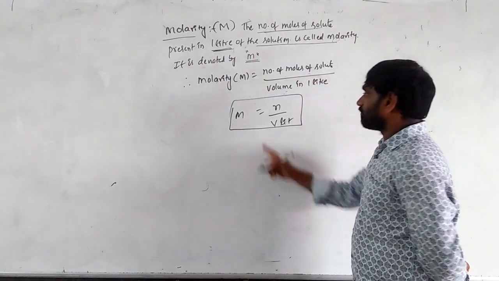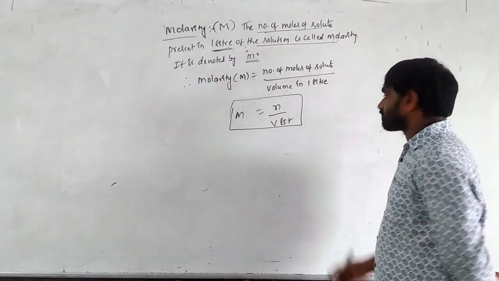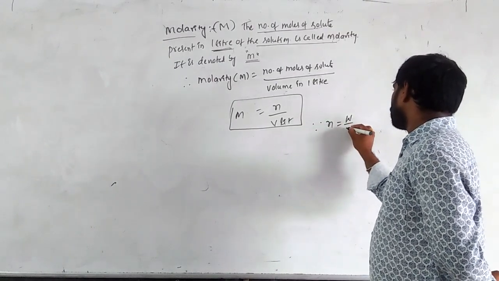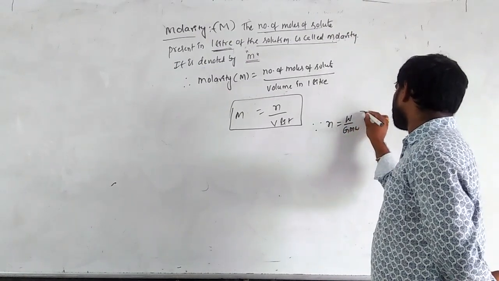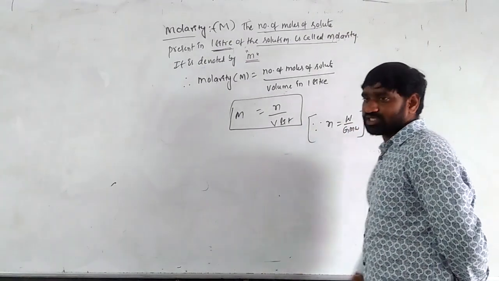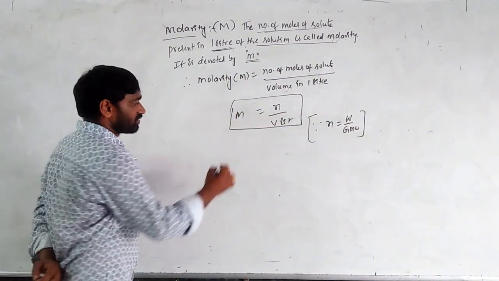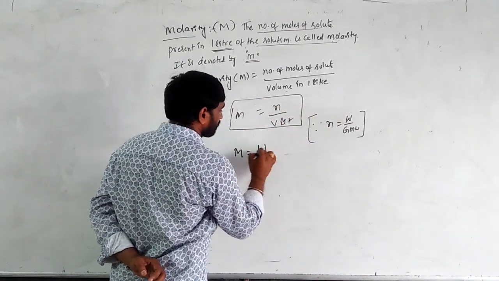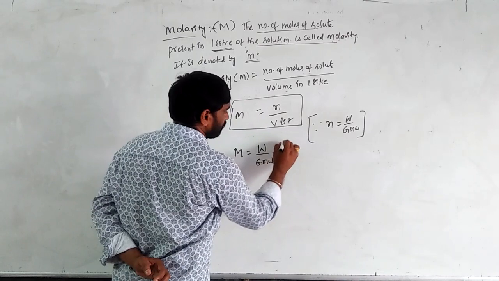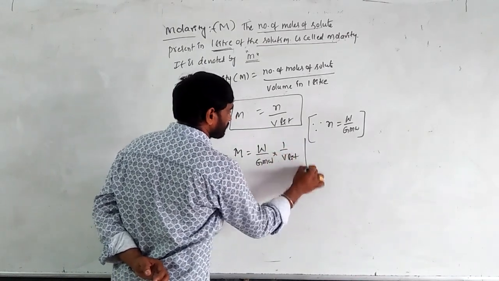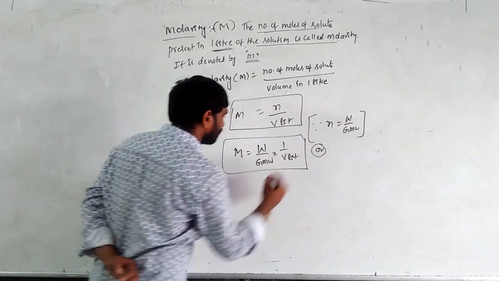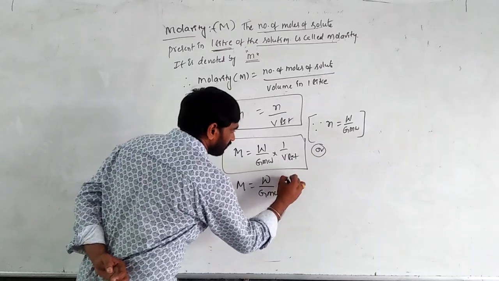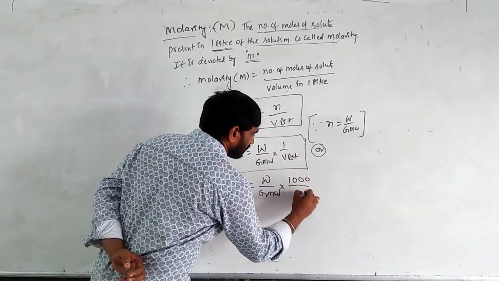Since number of moles N equals weight by gram molecular weight, molarity equals weight by gram molecular weight into 1 by V liters. Molarity equals weight by gram molecular weight into 1000 by V milliliters.